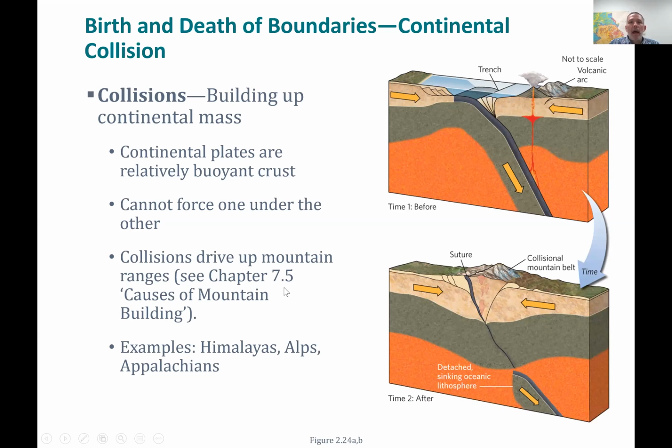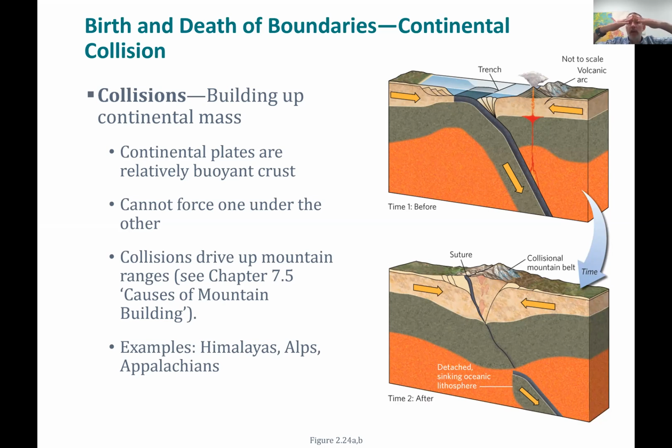Now, as plates are colliding, what's going to happen is, again, continents never lose. They're more buoyant, so they're always going to stay at a higher elevation. So when you have an ocean and a continental plate collide, eventually the plate that is being subducted, if it contains a continent, those continents are going to collide and neither one is going to want to subduct.